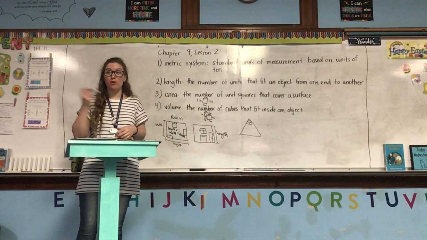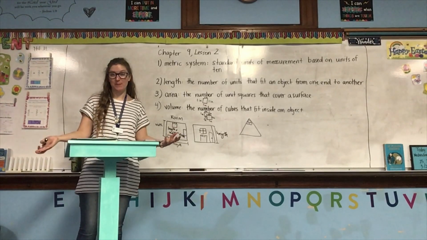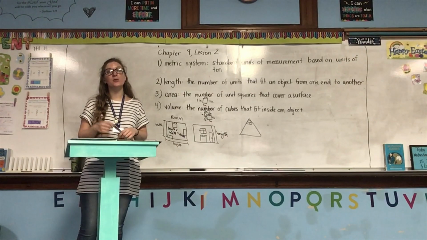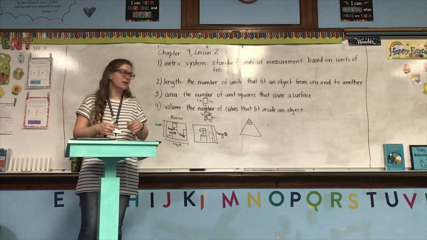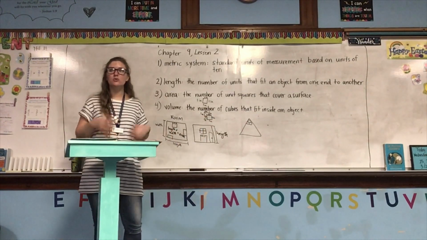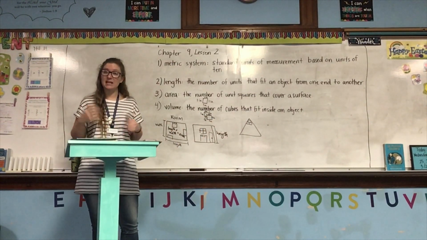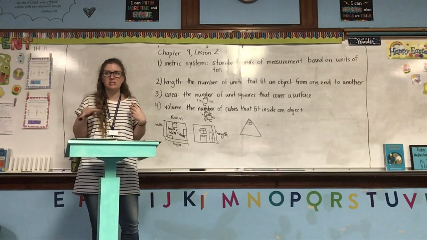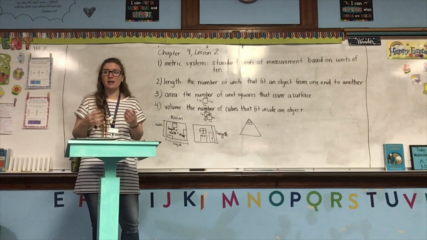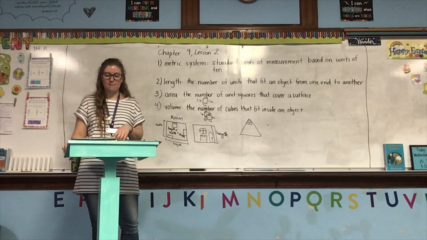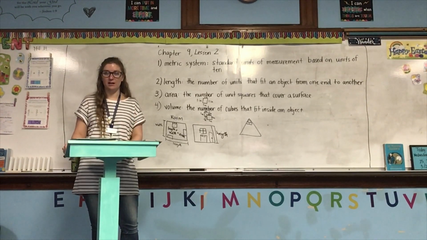You could also draw the triangle on a piece of graph paper and then count how many boxes are inside that triangle. Now that's going to give you an estimated amount because you're going to have places like here and here and here where you can't fit a full-size box. But that's okay because we learned that when we find the area of weirdly shaped things or things that are not rectangles or squares, sometimes we do have to estimate the area.